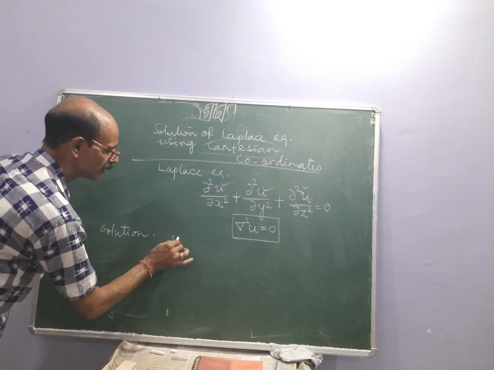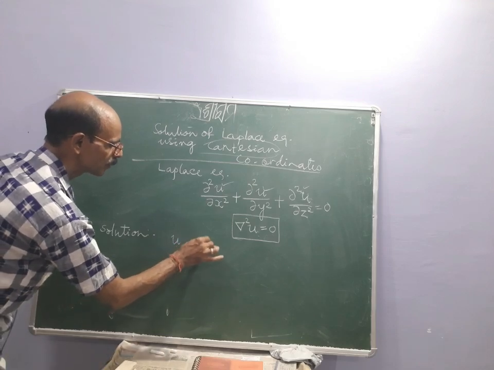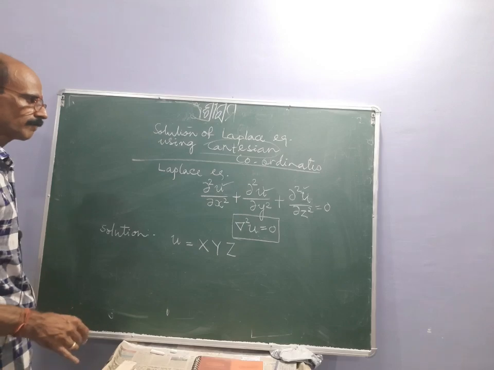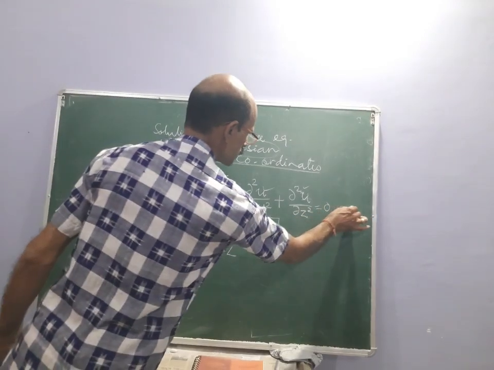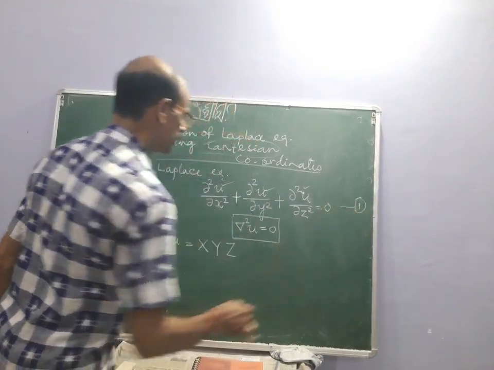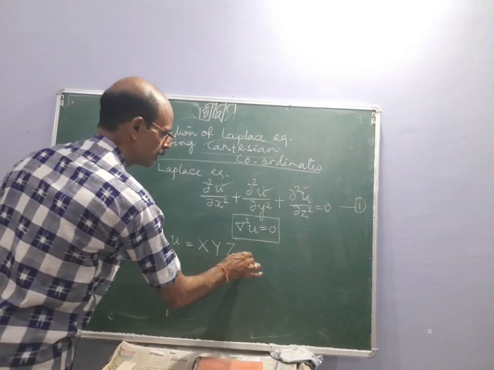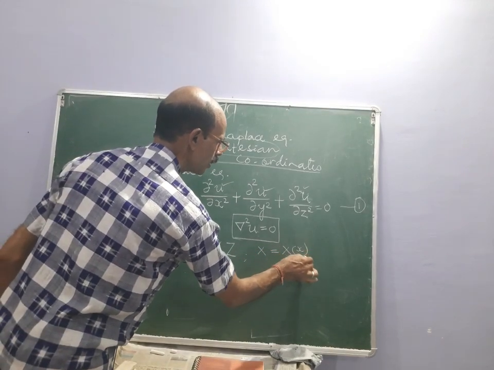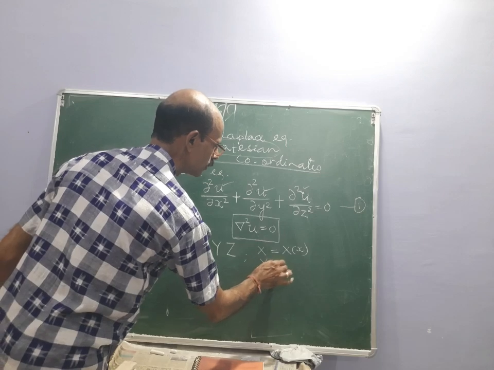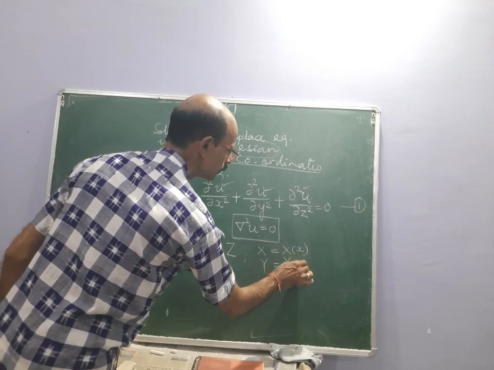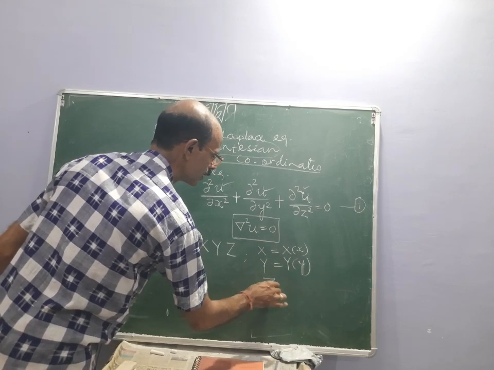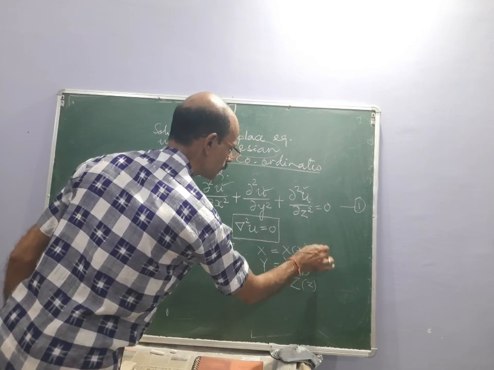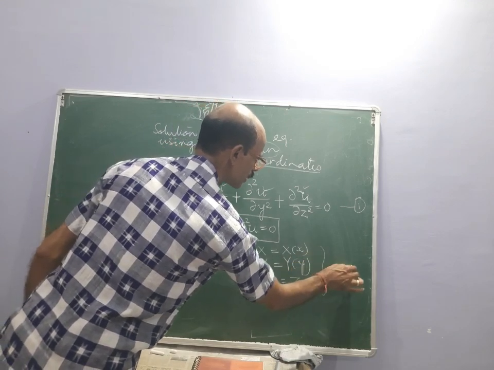So again we can write u is the product of three functions X, Y and Z. This Laplace equation be given number 1. Here X is a function of x only, Y is a function of small y only, and capital Z is a function of small z only. Let it be equation number 2.